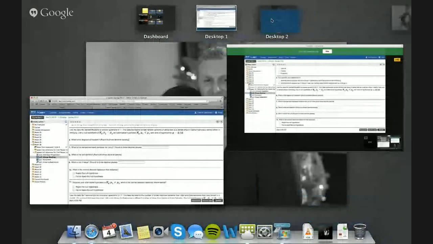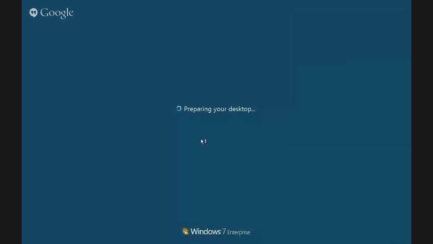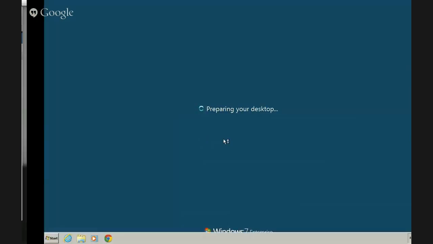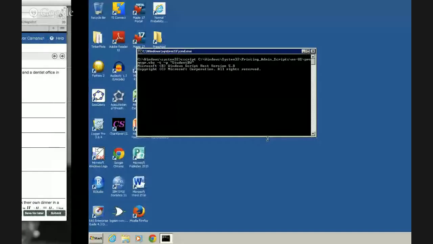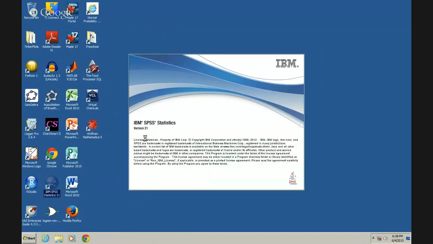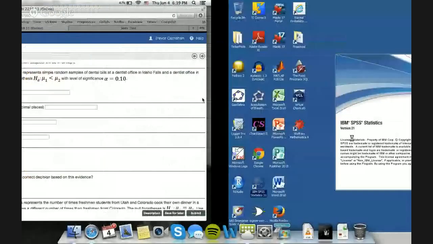Connecting to SPSS. Hey, Trevor. What's up? Have you been having any problems with the VM client booting you every now and then? Just now it told me it wasn't going to work, and then I rebooted it, and now it's working. That's the first time I've ever had an issue with it.